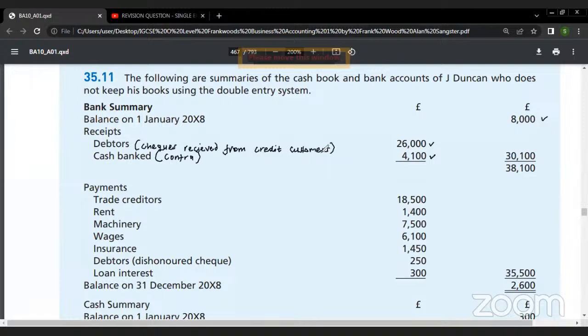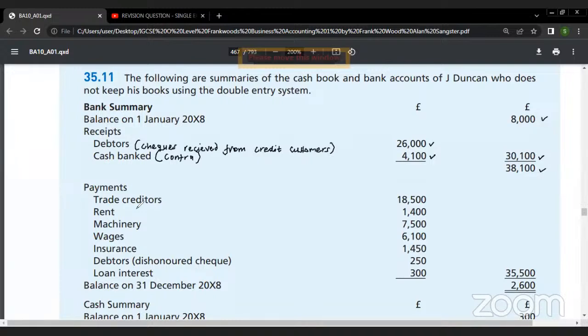So Duncan sold some goods to the customers on credit, and now some of these customers are paying Duncan by check. So you will see that the debit side of your cash book, bank column, will be debited with these checks received from the debtors. So we have 26,000, and that is a total of 30,100 on the receipt side of the cash book, bank column, giving us a total of 38,100, if you also add the opening balance of 8,000.